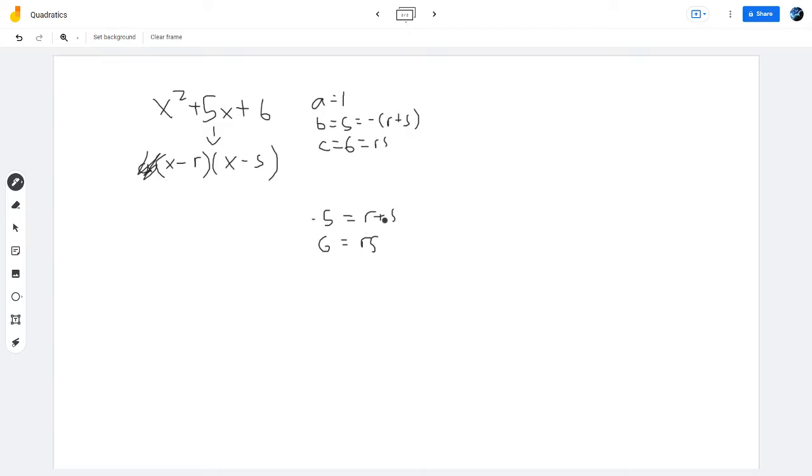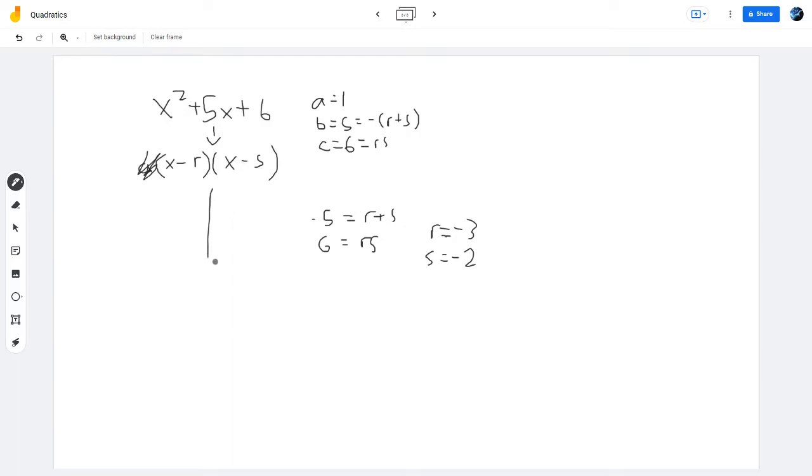And it just so happens that we can find that if r equals negative 3 and s equals negative 2, you can also switch these, the order doesn't really matter. Of course, these two numbers do satisfy both these conditions.